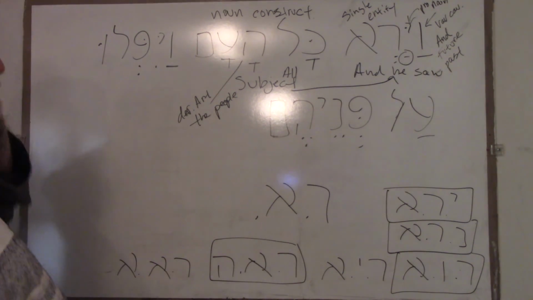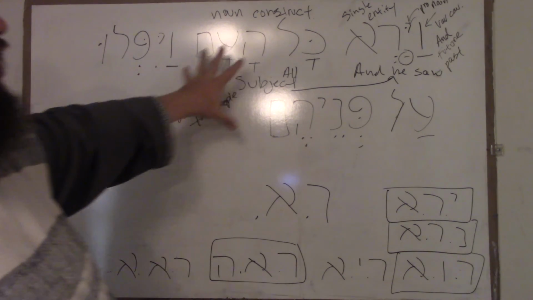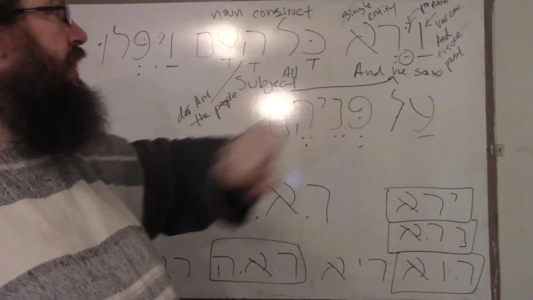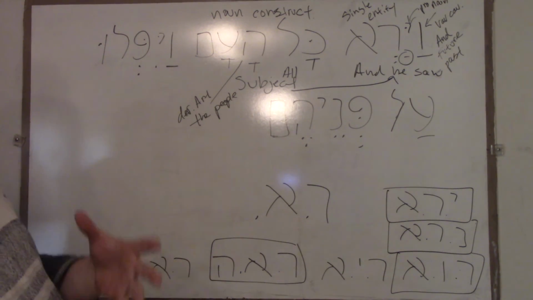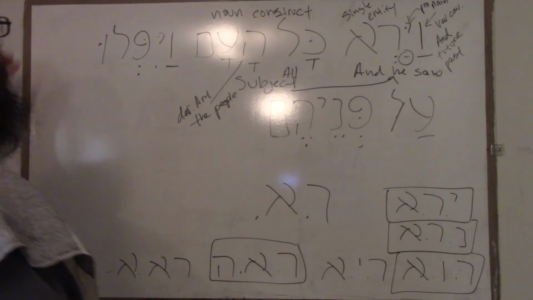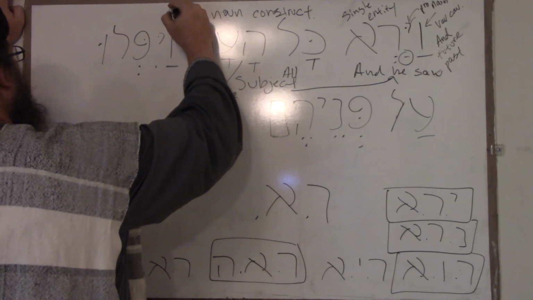Okay? So when we're talking as a single entity, we're going to see that there's all the people vayira, saw. Okay? Vayiru, now we're seeing that the verb is separating this single entity into separate individual people, okay? Because here, we have the vav conversive.